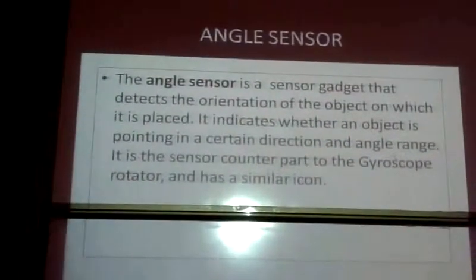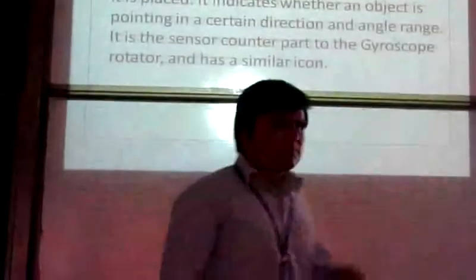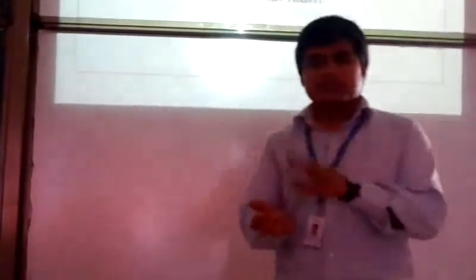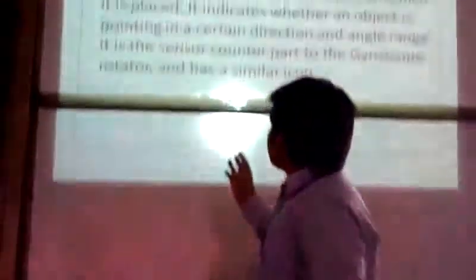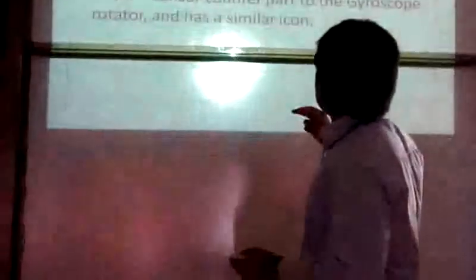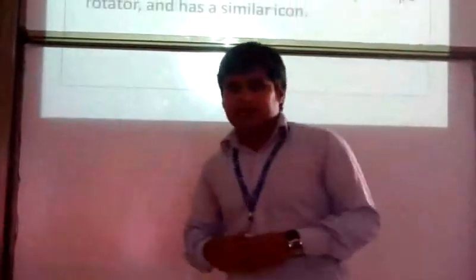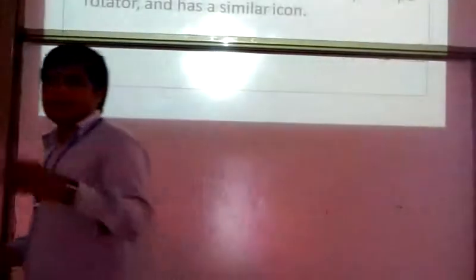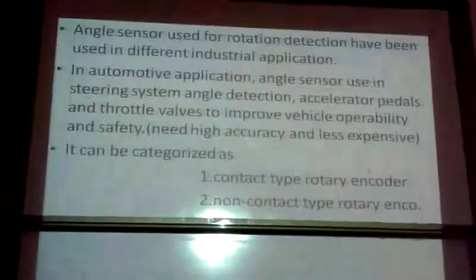So now, what is an angle sensor? An angle sensor measures the angle of rotation, without any reference point, it just measures the angle. And second, it detects the orientation of the object on which it is placed, and it also indicates the directions as well as the range of angles.